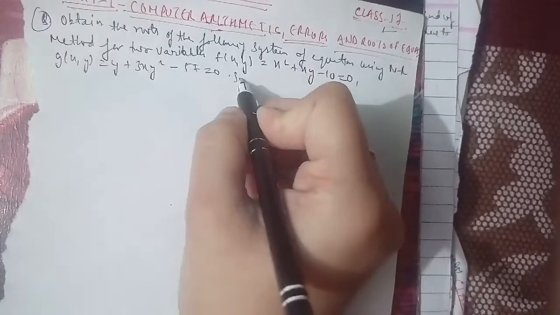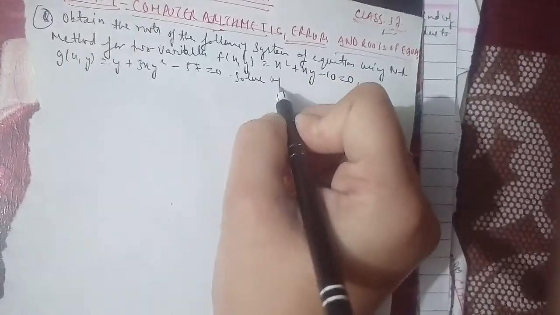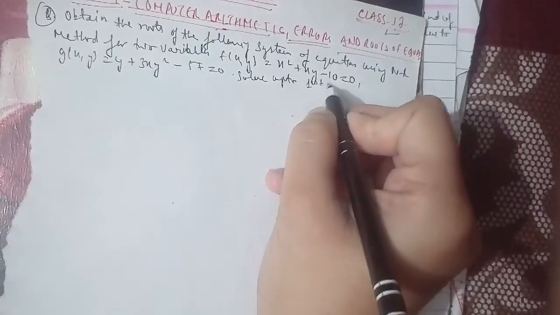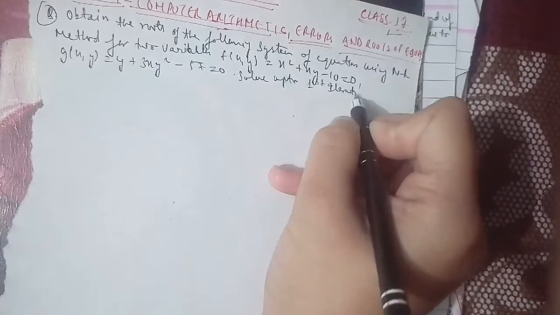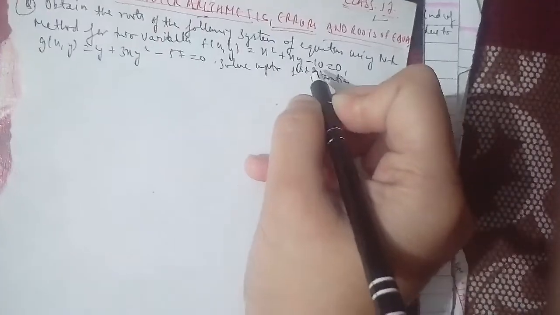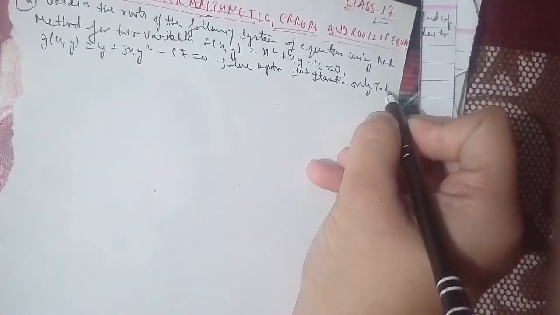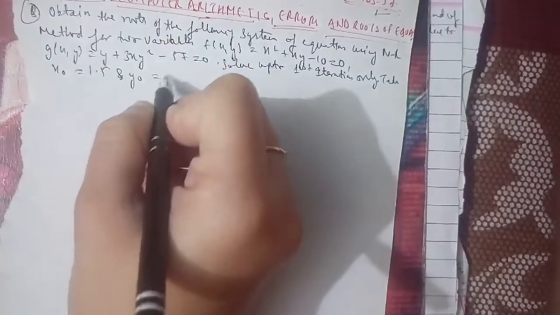You have to solve up to the first iteration only. Take x0 = 1.5 and y0 = 3.5.